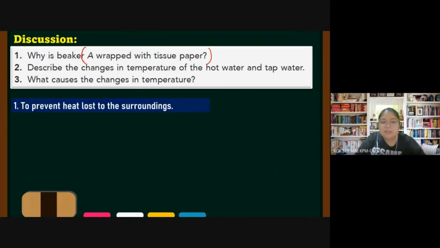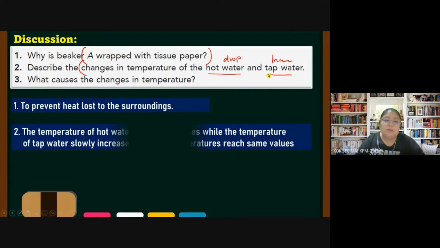Okay, describe the changes of the temperature of the hot water and tap water. The hot water temperature will drop, and this one will increase. So we just answer: the temperature of the hot water slowly decreases. How about the other one? The temperature of the tap water slowly increases, until both temperatures are the same value.